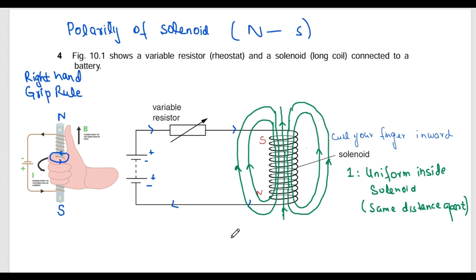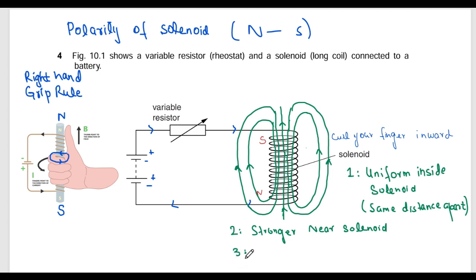The second fact is that the magnetic field is always stronger near the poles of a solenoid. So when you are drawing the magnetic field patterns, they should be closer near the poles, and when you move away, they should move apart as well. So stronger near the solenoid.